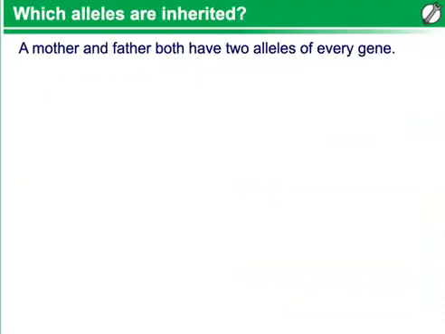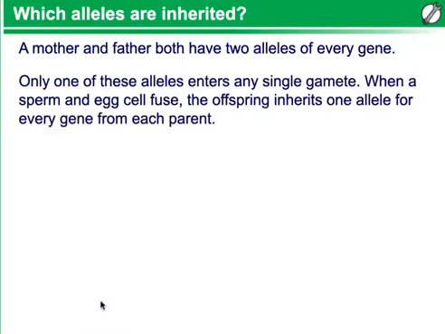Which alleles are inherited? A mother and a father both have two alleles of every gene. Only one of these alleles enters any single gamete. When a sperm and an egg cell fuse, the offspring inherits only one allele for every gene from each parent.